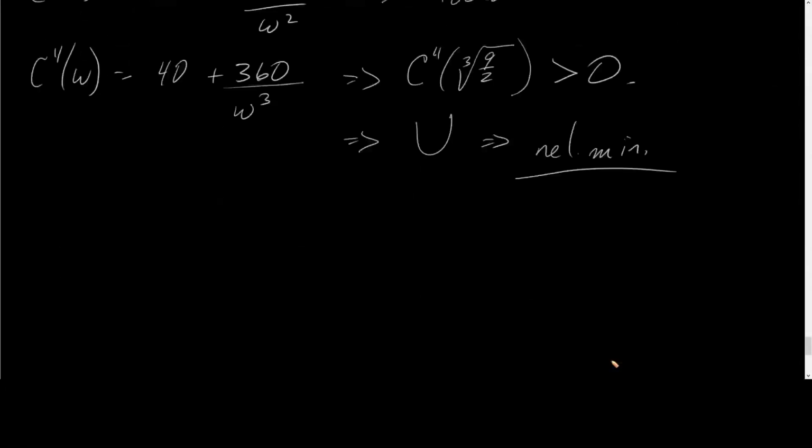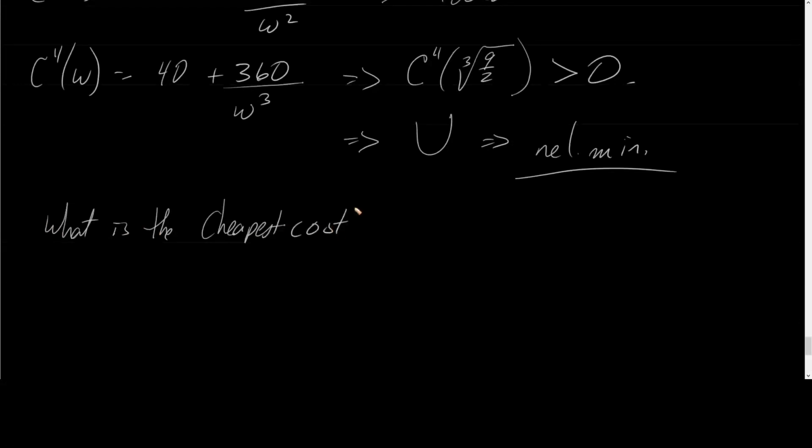Now let's say that we ask here, what is the cheapest cost? Well, at that point, all we need to figure out is what happens when we plug in our critical value, which was the cube root of 9/2, into our cost function. I'm going to skip the details of that.